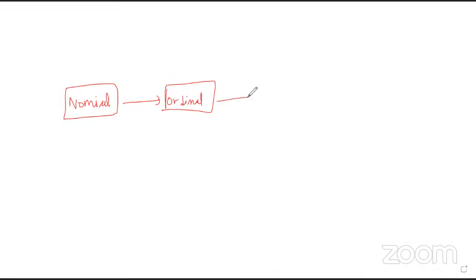Yeah, it should be the same. Otherwise, it's not called interval. The thing is, nominal variables are just labels of category. Then comes the ordinal, which is labeled and ordered. Labeled and ordered, right? Then comes the interval.